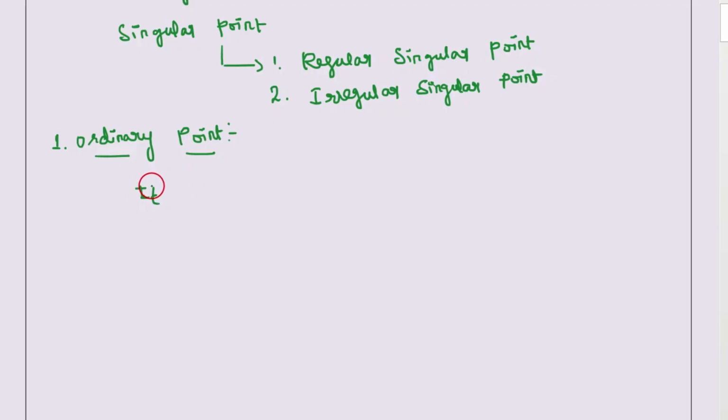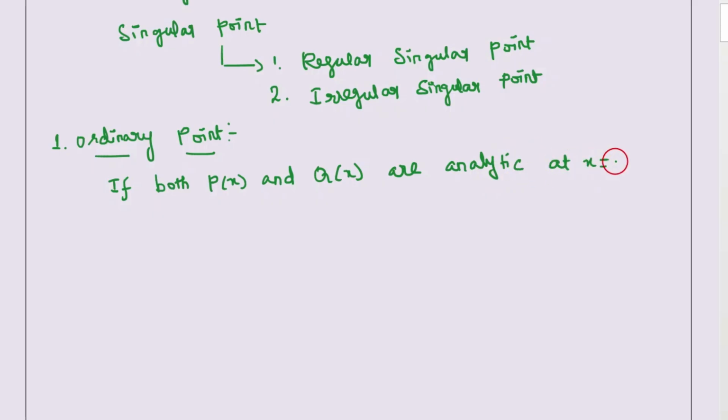If both p of x and q of x are analytical at x equal to x naught, then it is called an ordinary point.